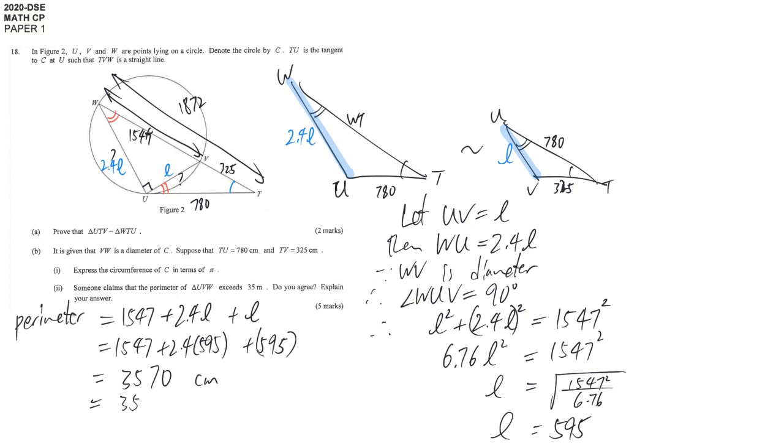That means 35.7 meters, which is larger than 35 meters. So we agree with this statement. Just make good use of the similar triangle, then you find that it's quite easy to solve.